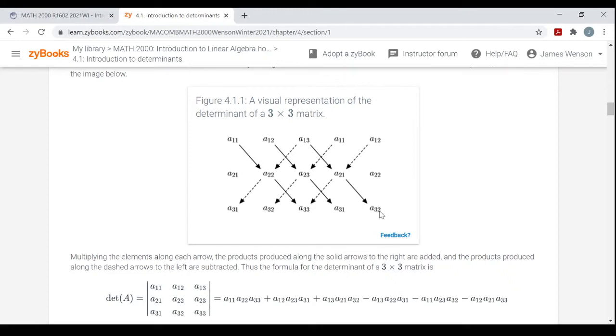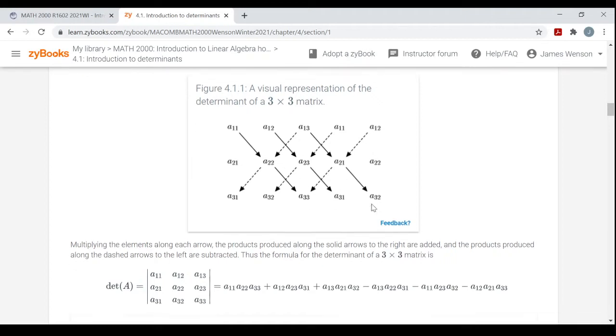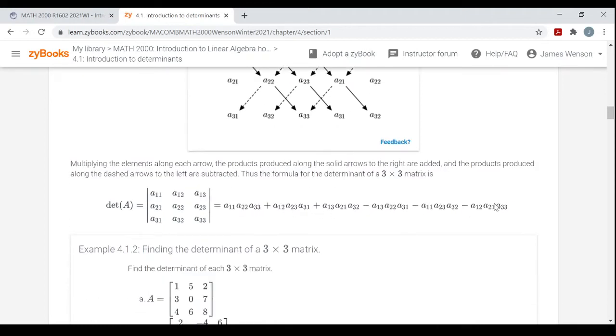Then you subtract the dotted ones, going backwards from the upper right corner and multiplying these 3 diagonal entries, and you get this formula here. It's a crazy formula. I wouldn't recommend memorizing it.